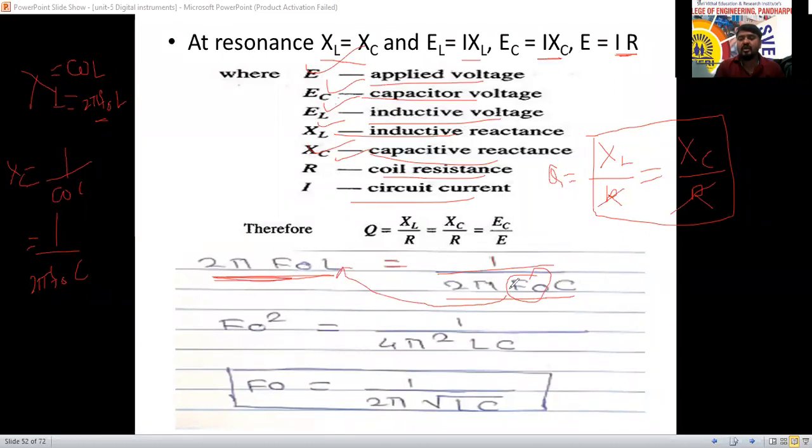Here F naught and F naught become F naught square. We have written that here.